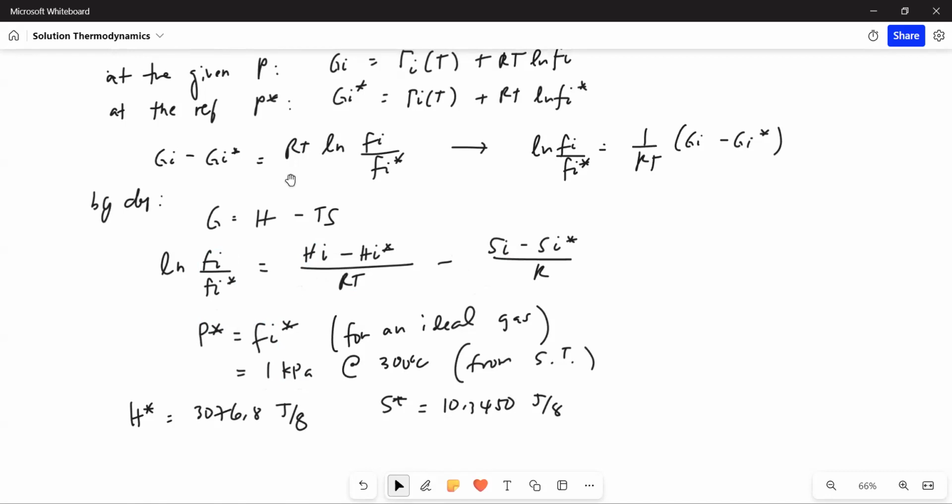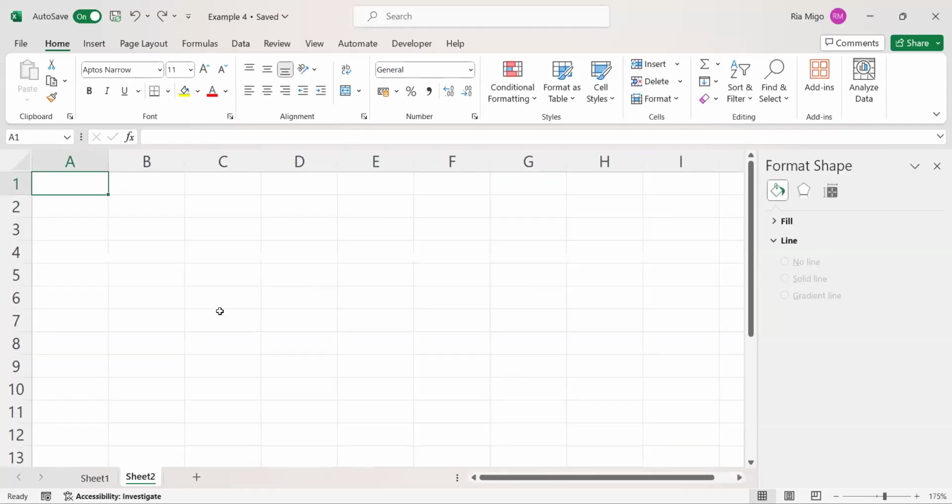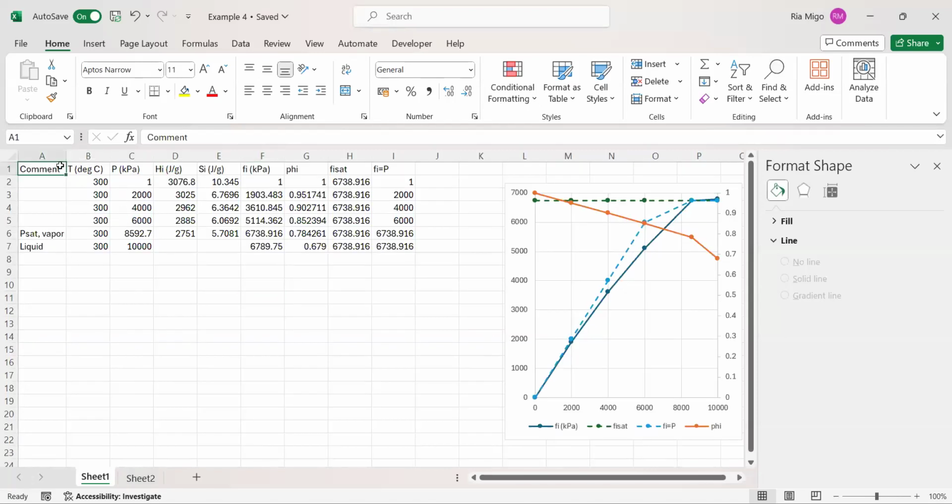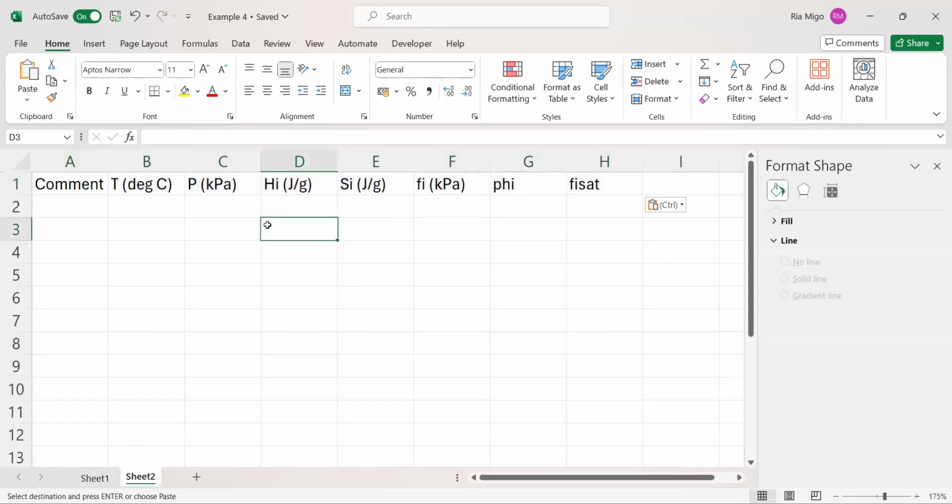Using Excel, I will make a worksheet wherein I just copy paste that, so no need to type again. I would make columns for the temperature, pressure, enthalpy, and entropy. And for the fugacity and phi, these are the columns that we need to solve.